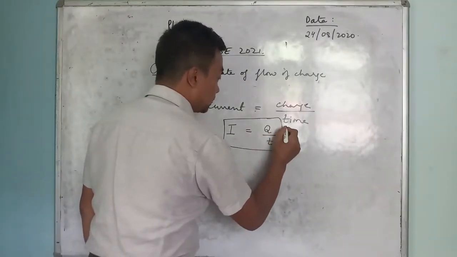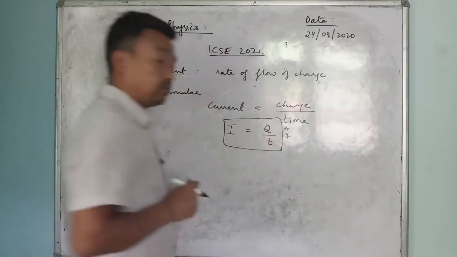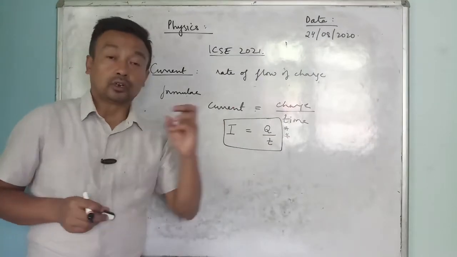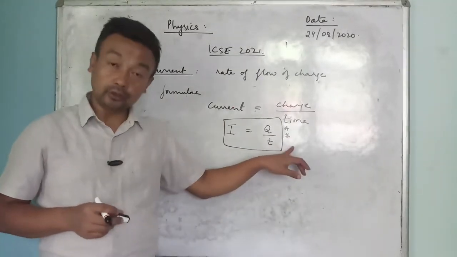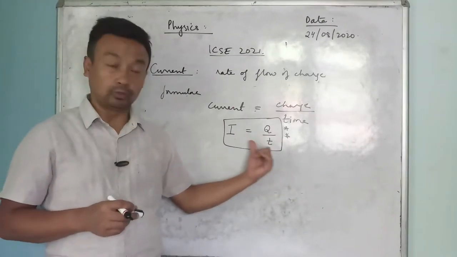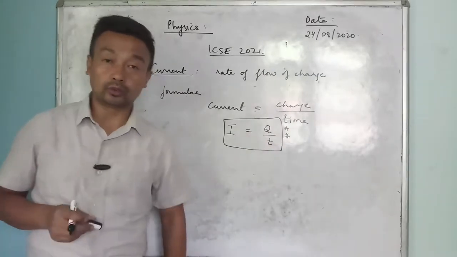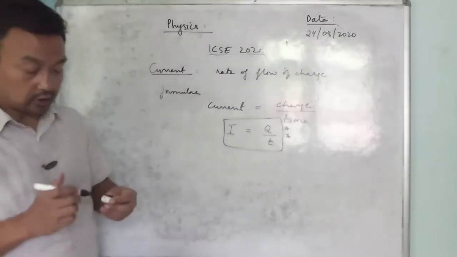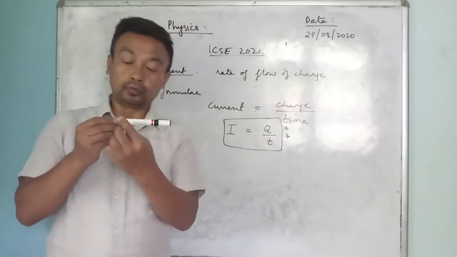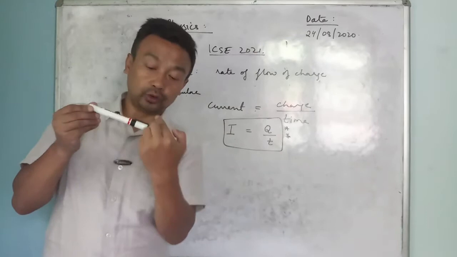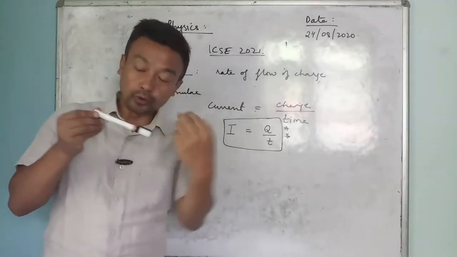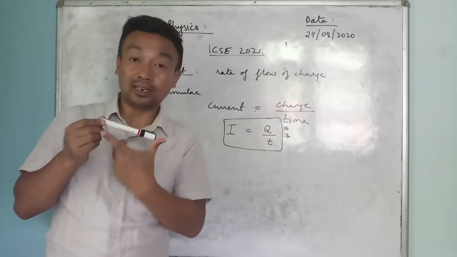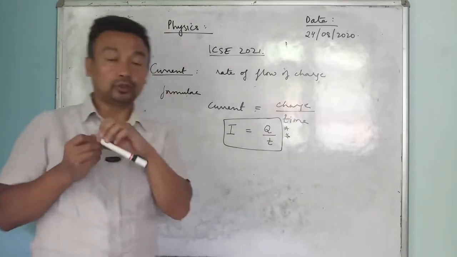This formula is very, very important, because in this section you have simple numericals to be solved, and this is one of the formulas you have to use to find the value of the current, that means how much current is flowing in a conductor. So electrons move from one point to another, and how many electrons flow in a given unit time, in 1 second, that constitutes the current.